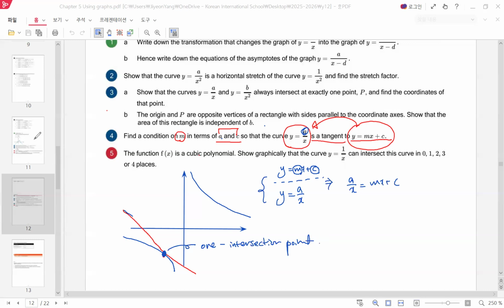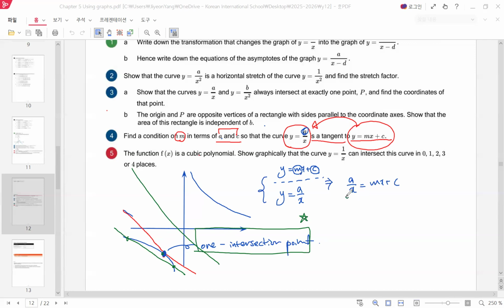If the line is drawn this way, there is no intersection point. If it is drawn this way, they have two intersection points, understand? So to be a tangent line, they must have one intersection point. This is the key part to solve this question.